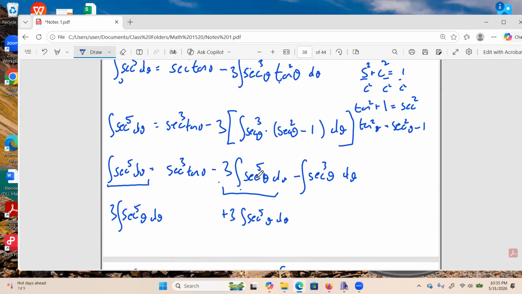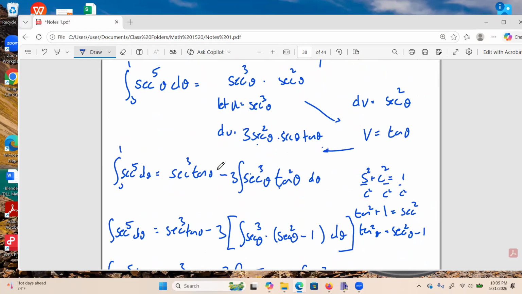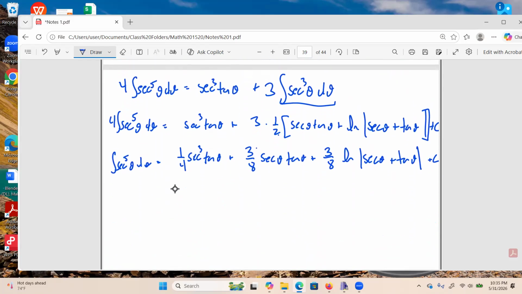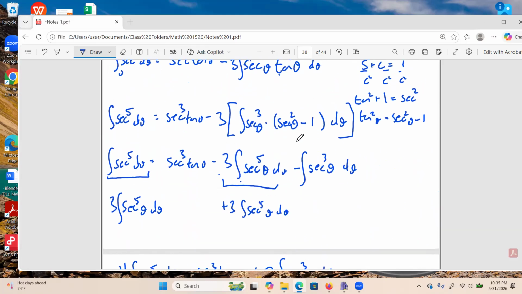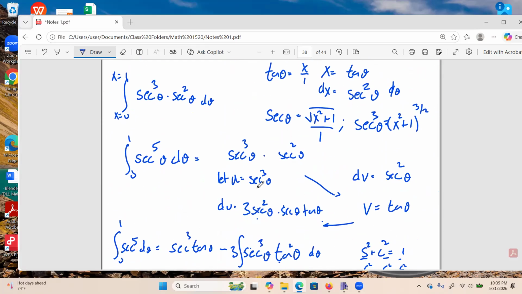And now we have to go back up to my triangle. Remember that started off as a triangle? And we can remember that the secant is equal to the hypotenuse divided by the adjacent. So that's going to be the square root of x squared plus 1. Okay, so let's start figuring out what's going to happen here. We have 1/4 times the square root of x squared plus 1 raised to the 3/2. What was the tangent of theta? Going back up to my triangle, tangent of theta is just going to be x.